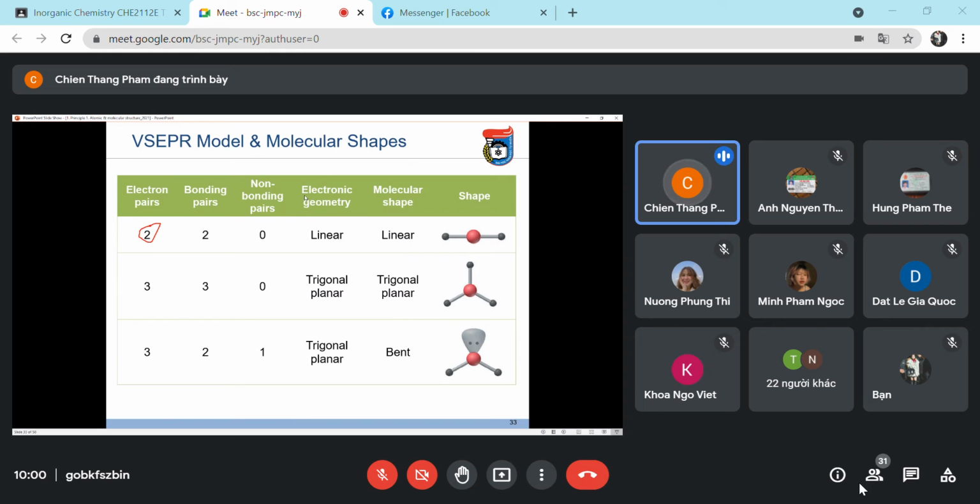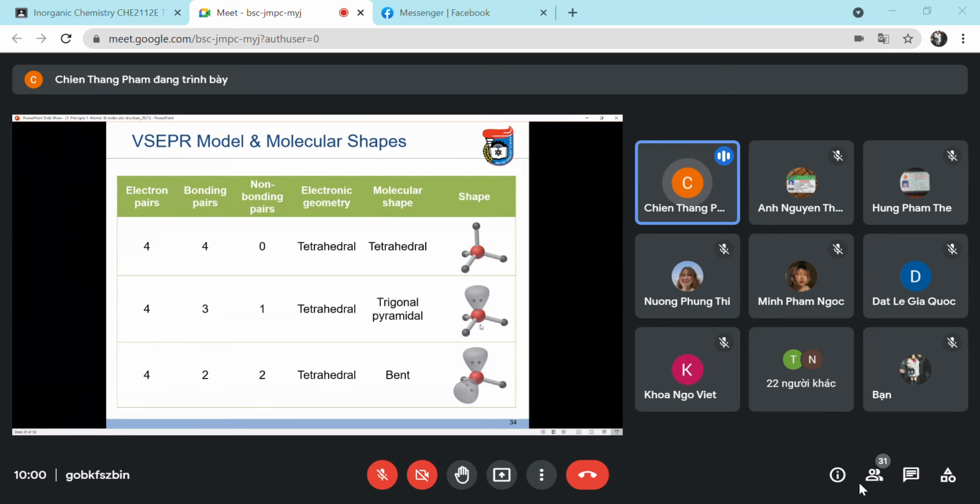The trigonal planar is the electronic geometry, the distribution of the electron pairs. It's not the molecular shape. Please be careful here. So for 3 electron pairs, trigonal planar, you can draw the structure and consider whether there is any non-bonding pair. If there is a non-bonding pair, we ignore it when we determine the molecular shape.